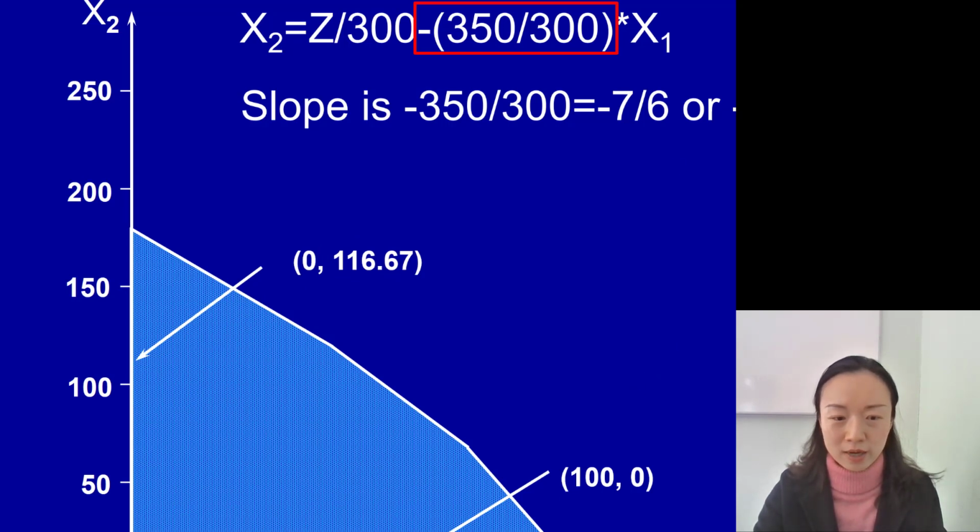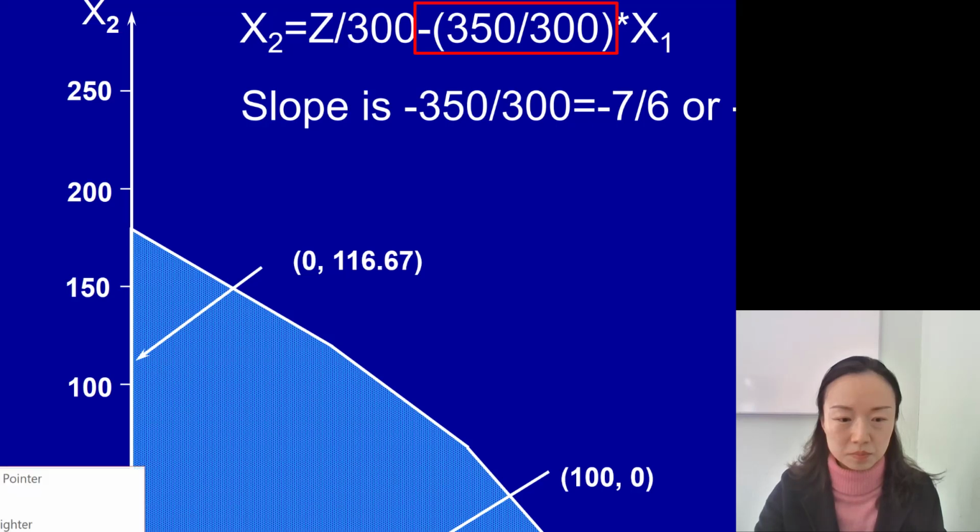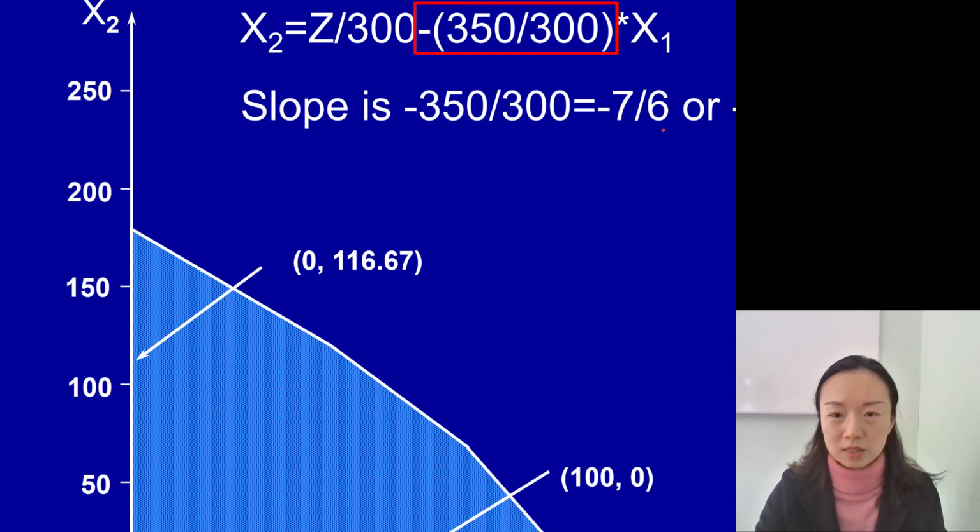So when our x1 is 100, using a slope of negative 1.1667, our x2 would be here, which would be 116. And we can draw a line that has a slope of negative 1.1667. So that's one line that we can draw using the slope from this equation here.